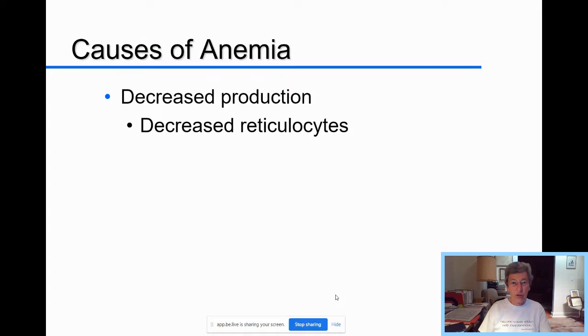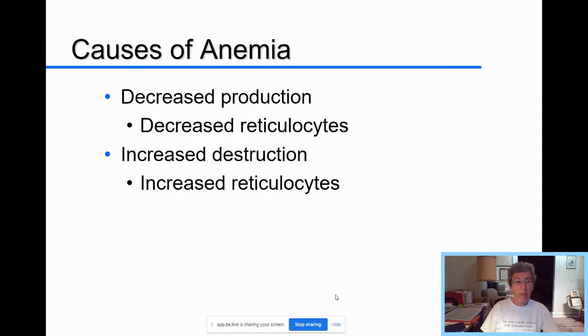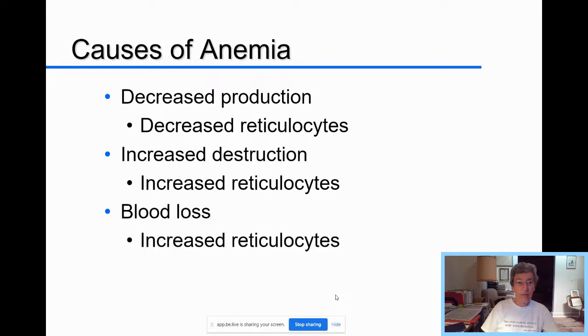Decreased production, and that can be detected by seeing a decrease in the reticulocyte count, because reticulocytes are the newly synthesized red blood cells. It can also be due to increased destruction, which is hemolysis, and in this case, there will be an increase in the reticulocytes as a compensation.